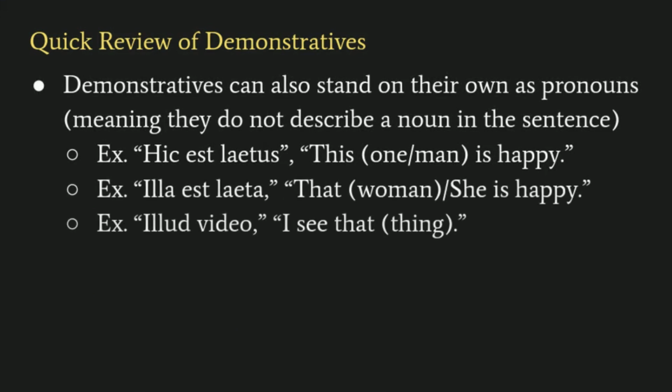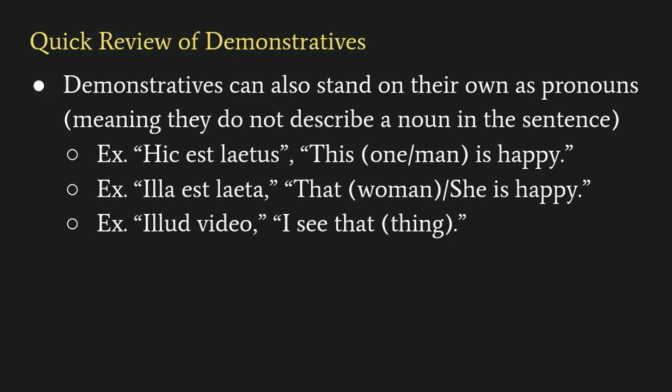Sometimes, though, you can have demonstratives standing on their own as pronouns, right? Meaning that they're not going with a noun, they're functioning as the noun. So if you were to say hic est laetus, right, you're saying this is happy. Literally, you're saying something like this man, right? It's a masculine noun. So this person, this boy, this man, however you want to say it, is happy. If I said illa est laeta, I'm saying that, meaning that woman, because it's feminine.